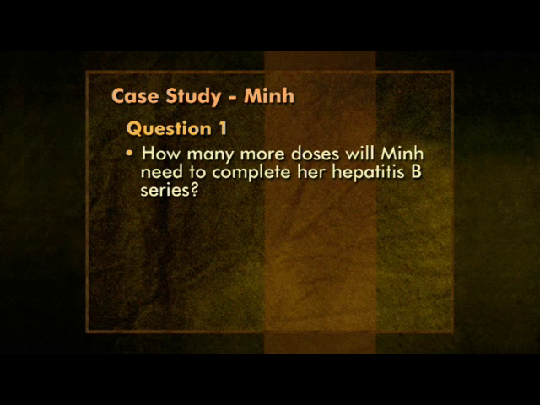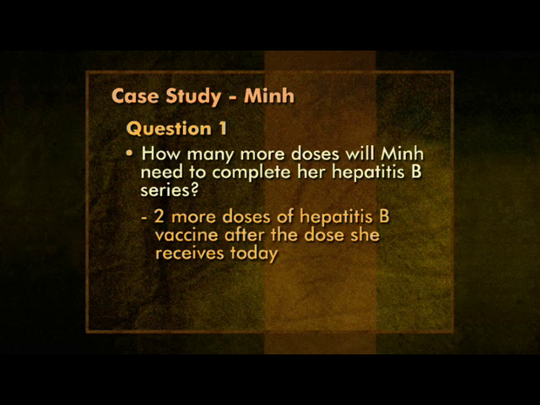After today's visit, how many more doses will Min need to complete her hepatitis B series? Min will need 2 more doses of hepatitis B vaccine after the dose she receives today. Min was born 5 weeks premature and had low birth weight.